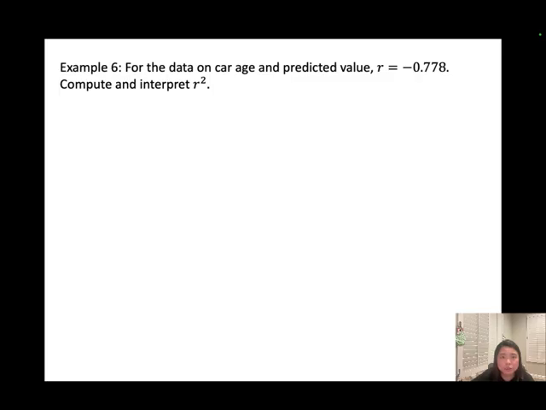Okay, example 6. For the data on car age and predicted value, R equals negative 0.77. Compute and interpret the R square. Just take the square of R. You're going to get 0.605. Convert it to a percentage: 60.5%.